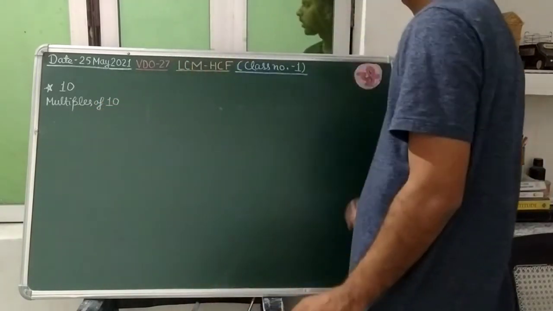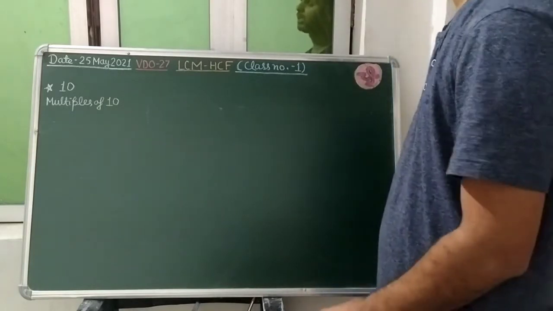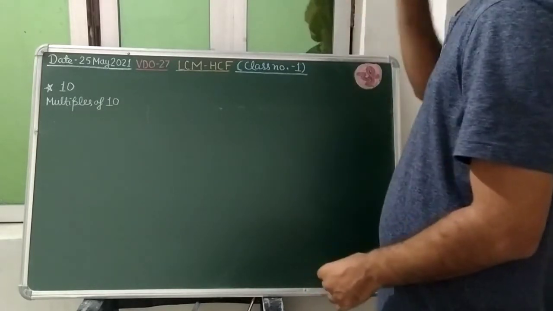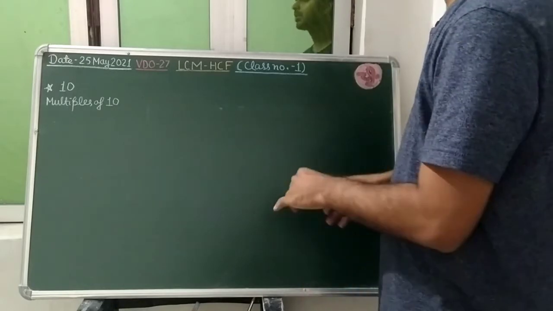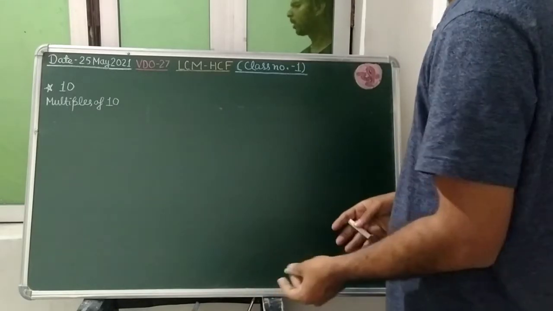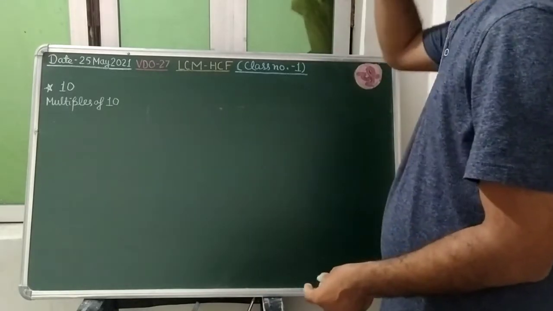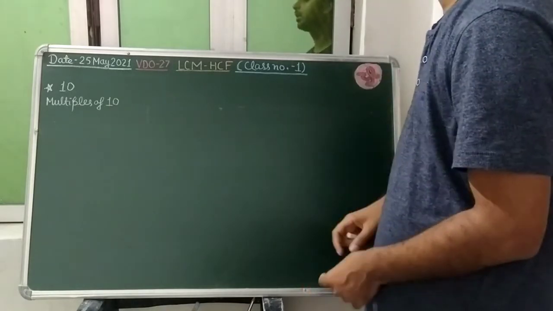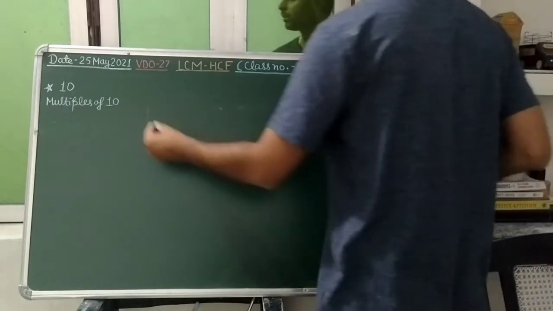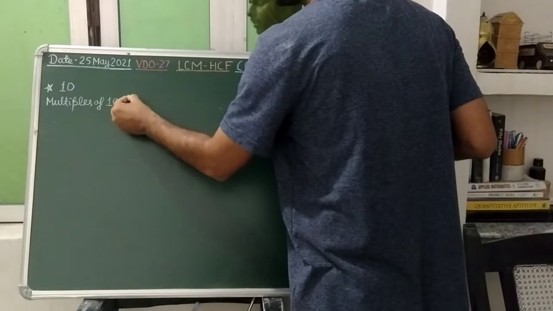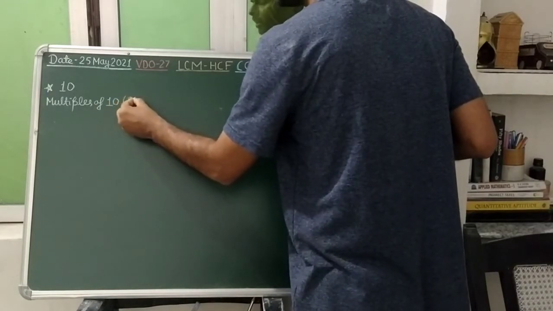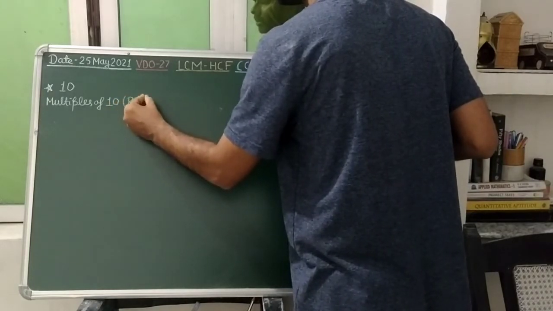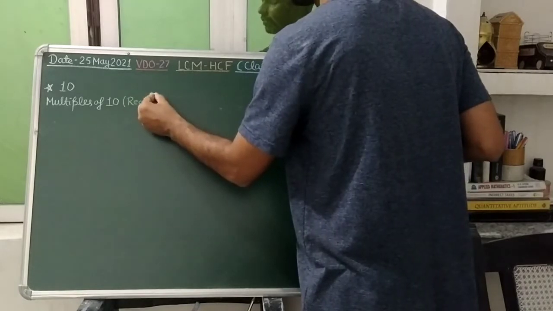Students, I have told you, what will you do to write down the multiples of any number? You will just read out the table of that number. So if we want to write the multiples of 10, we will read out the table of 10.